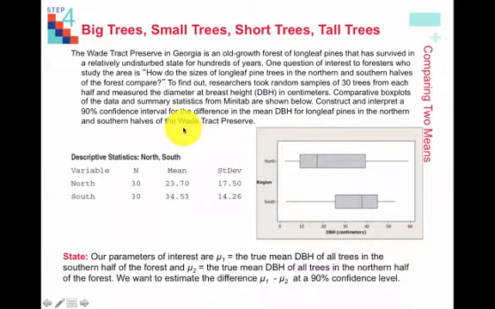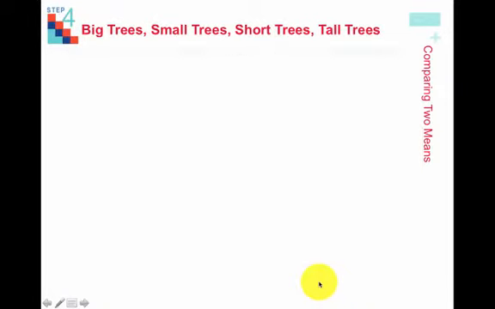So we're going to state what we're doing. Our parameters, we need to define them, mu1 and mu2. Mu1 is the true mean diameter at breast height in centimeters of all trees in the southern half. Mu2 is the true mean dBH of all trees in the north half. We want to estimate the difference, mu1 minus mu2, at a 90% confidence level.